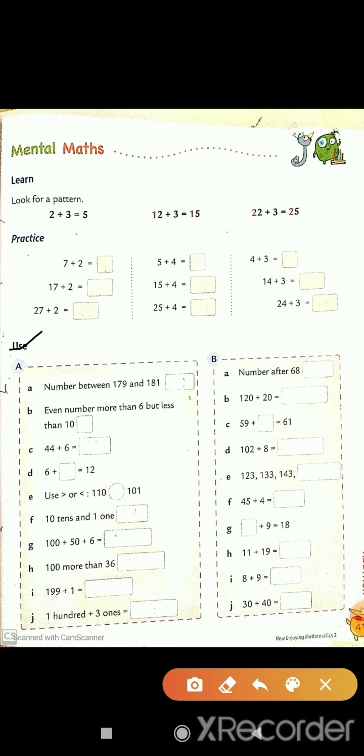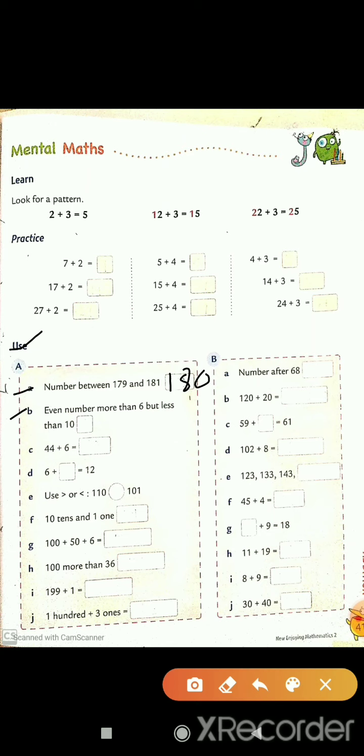Next, a number between 179 and 181. The number that comes between 179 and 181 is 180. Next, an even number more than 6 but less than 10.